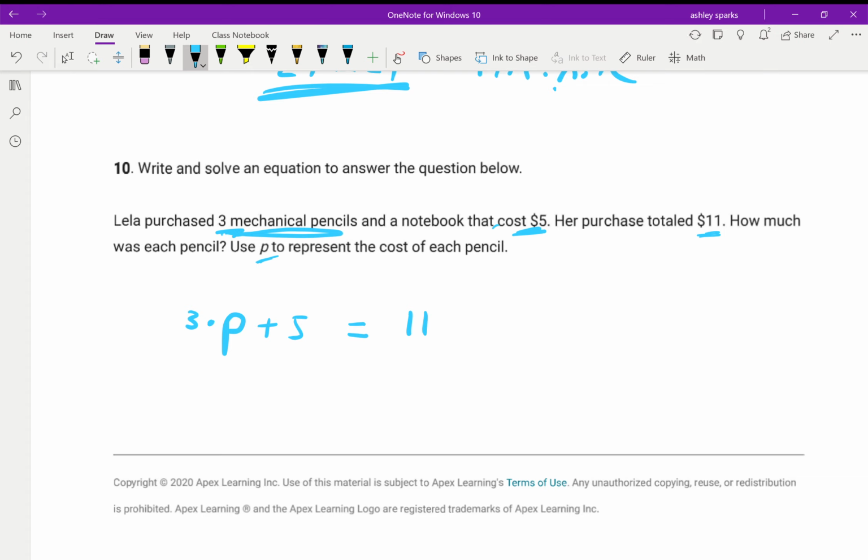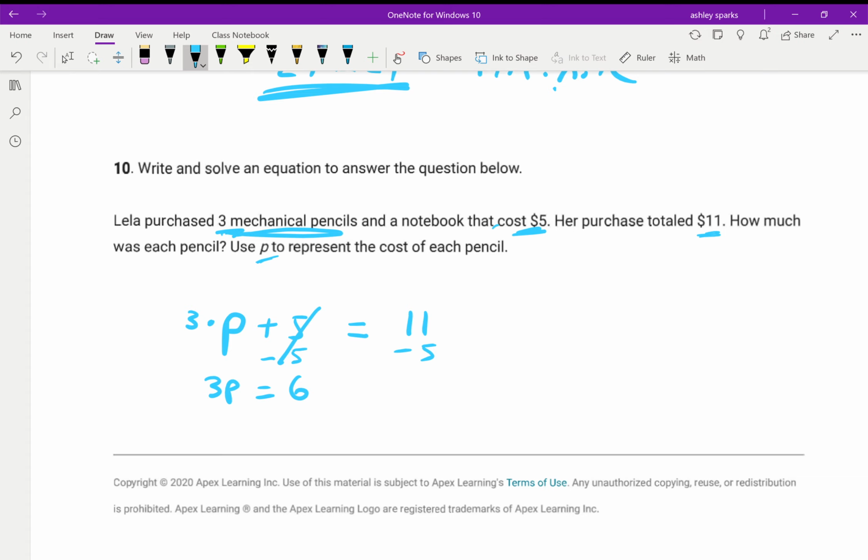Well, it's a 2-step equation. I'm going to subtract out my 5 first. So I have 3 pencils, right? They're hanging out there. And I want to remove the cost of that notebook because I care about the cost of the pencils. So let's get rid of it by subtracting from both sides. 11 minus 5 is going to give me 6.